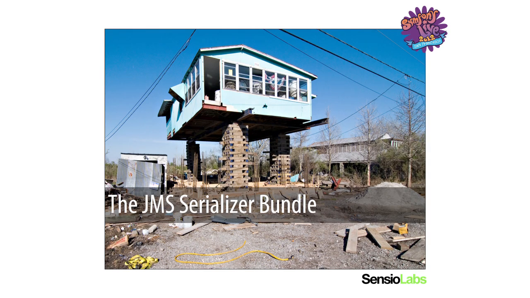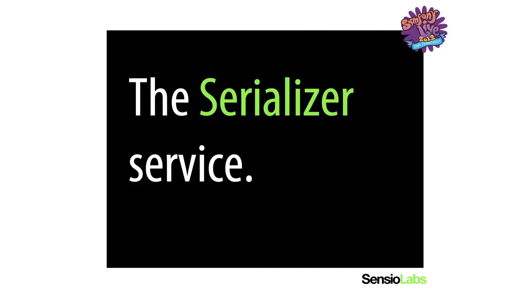This JMS serializer bundle provides a serializer service in your Symfony application. You can install it with Composer. I didn't mention it in the slides, but of course this is ready for Composer. So once you have installed your JMS serializer bundle, you will have access to the serializer service.